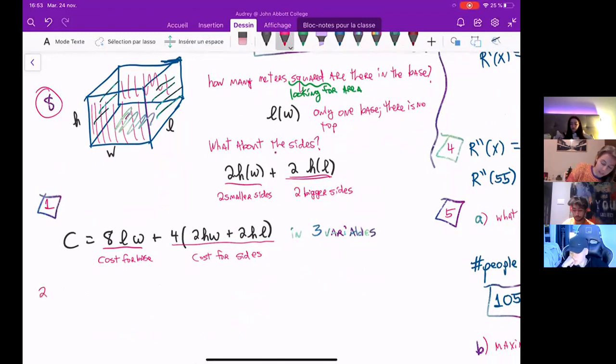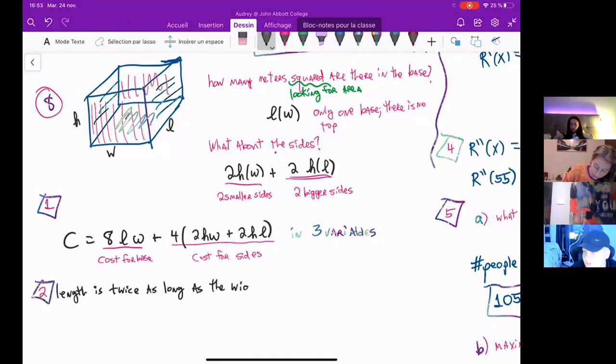And when I move on to step 2, we're told that the length is twice as long as the width. What does that mean in terms of my W and my L? What relationship can I find between W and L?